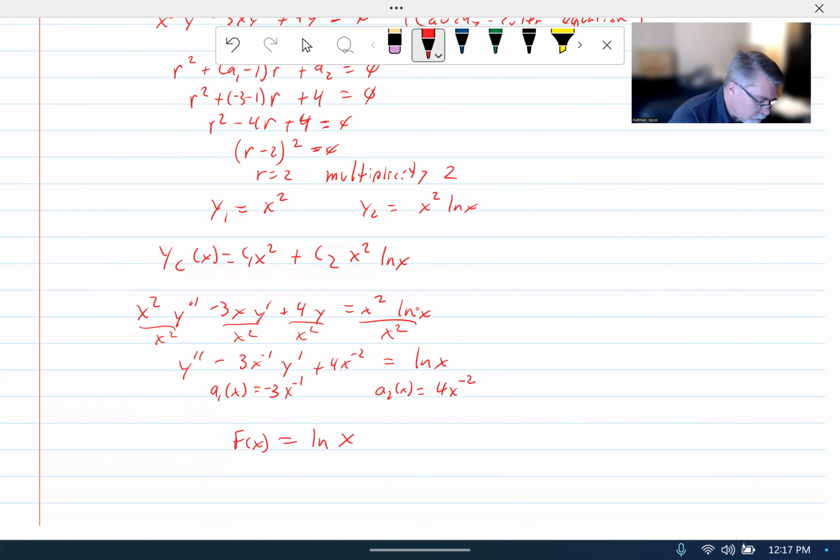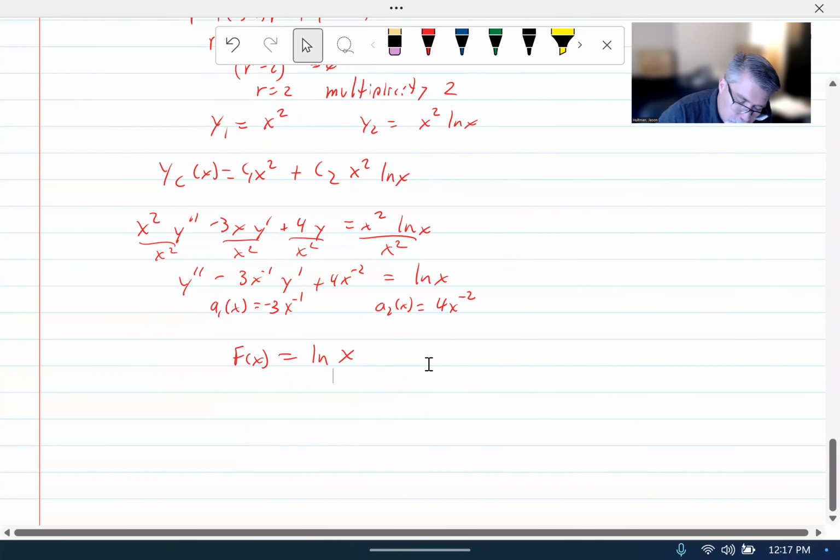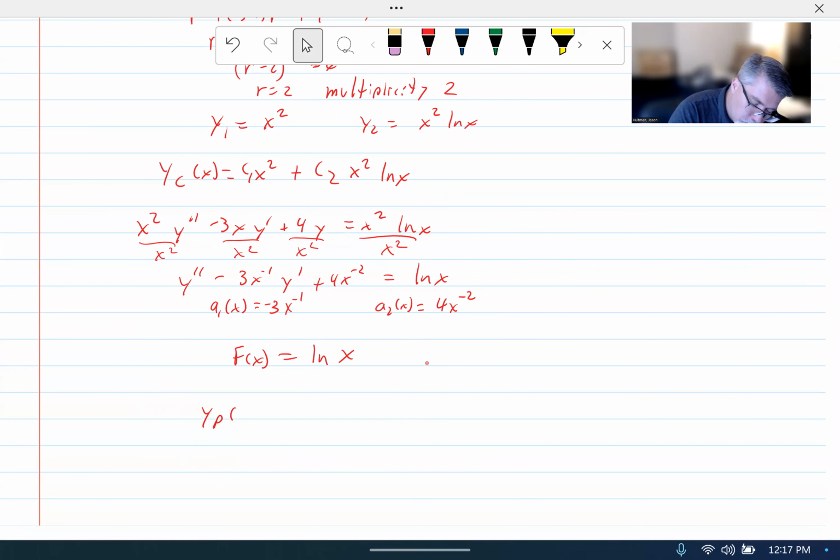Okay, so I want yp of x of the form u1 y1 plus u2 y2.